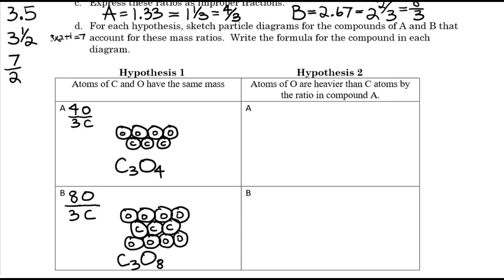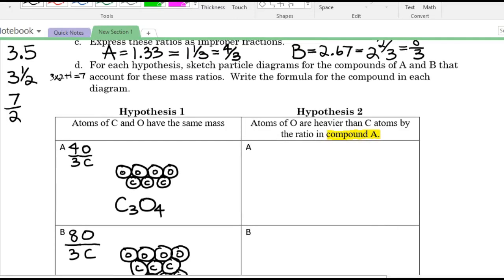Hypothesis 2, though, says atoms of oxygen are heavier than carbon atoms by the ratio in compound A. And that part there is kind of key. In compound A. Well, let's consider that for a second.